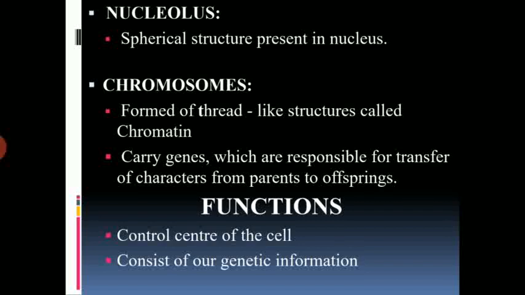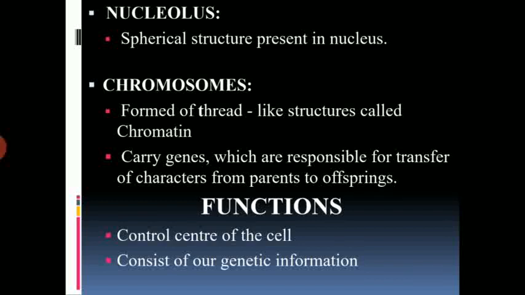They have all this information. So genes are called the unit of inheritance. They are passed from one generation to another, from parents to offspring, and contain all your genetic information. Fine. So this is all about the structure of the nucleus.